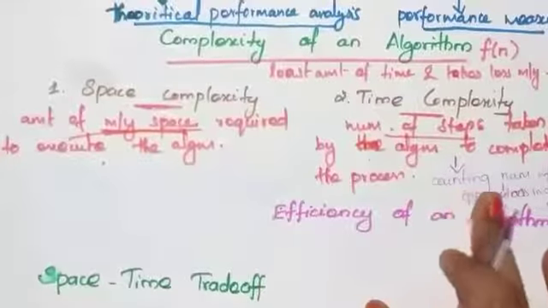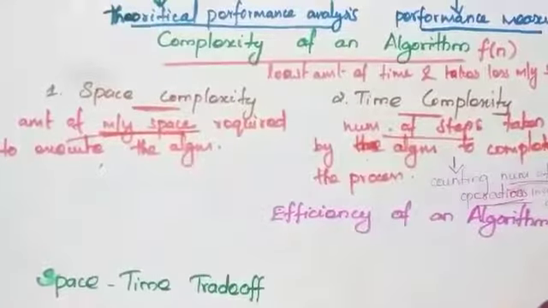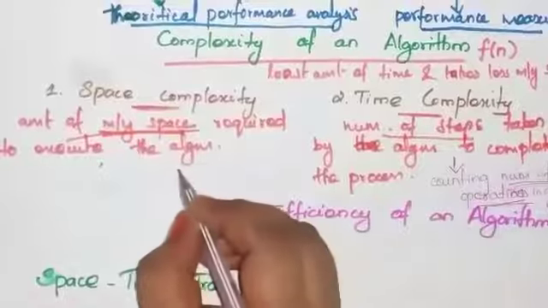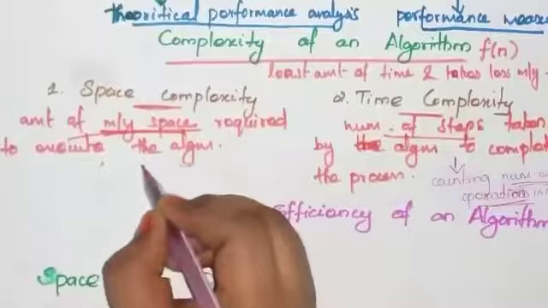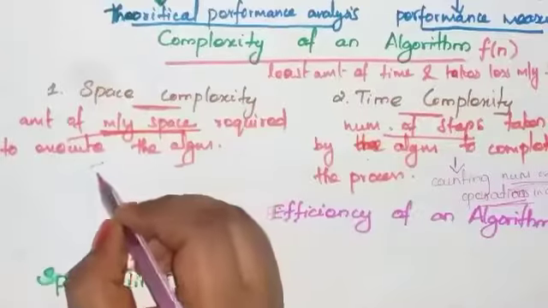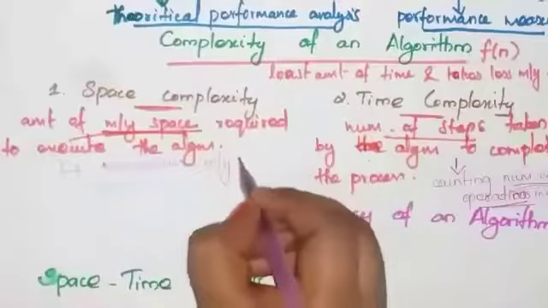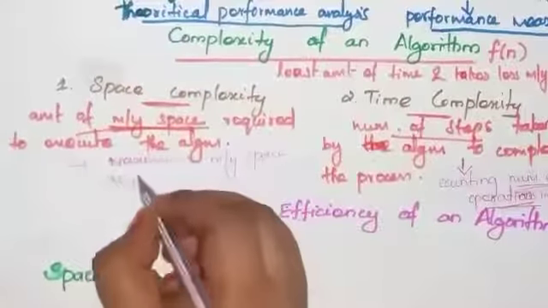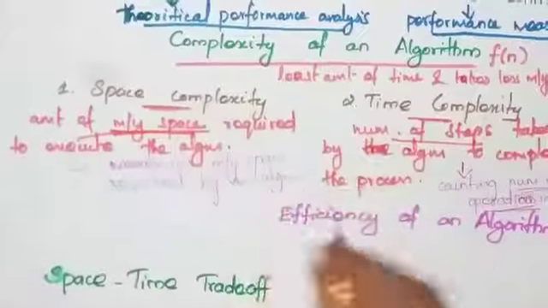It is measured by counting the number of operations in an algorithm. Space factor means space is measured by the maximum memory space required by the algorithm. That is called a space factor.